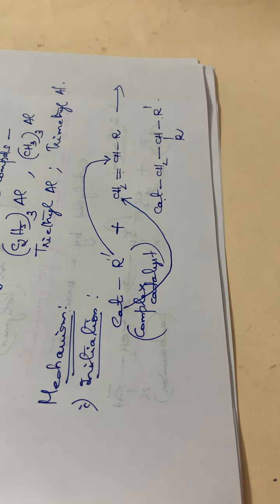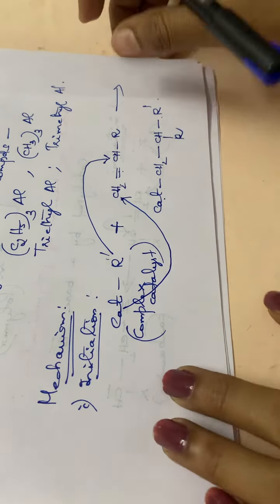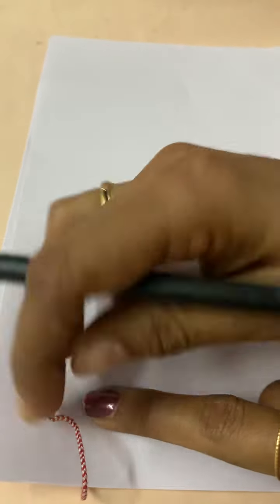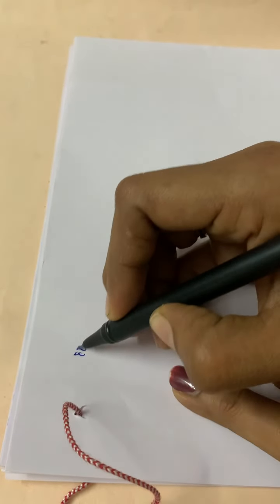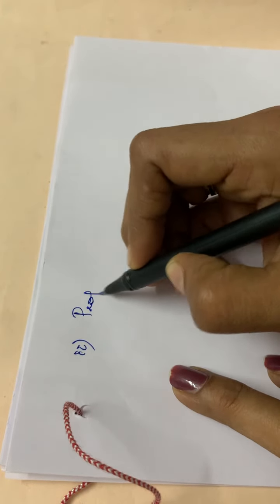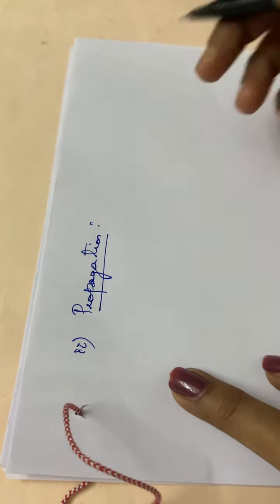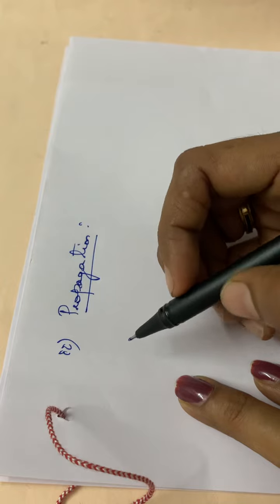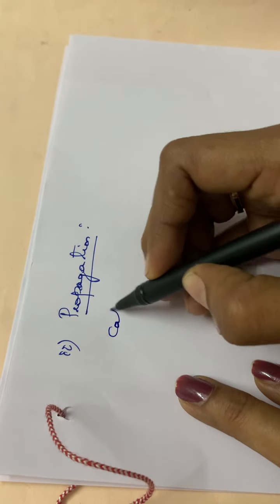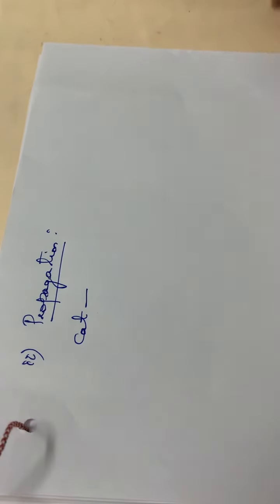Then the next is the second step, that is the propagation step. In the propagation step, we have to write that compound catalyst CH2 CHR R dash.